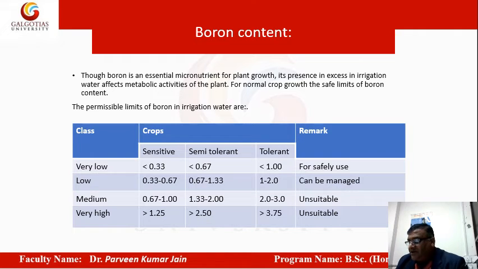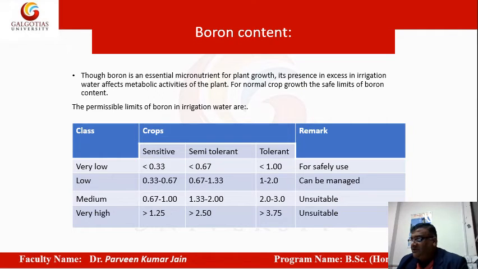Then chlorides. The occurrence of chloride ion in irrigation water increases with an increase in EC and sodium ions. Therefore, these ions are most dominant in very high salinity soils. You know that we say sodium chloride, so sodium and chloride go together. Unlike sodium ions, chloride ions neither affect the physical properties of the soil nor are absorbed by the soil.